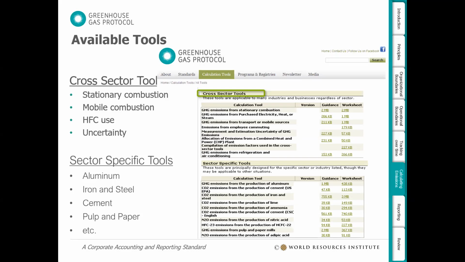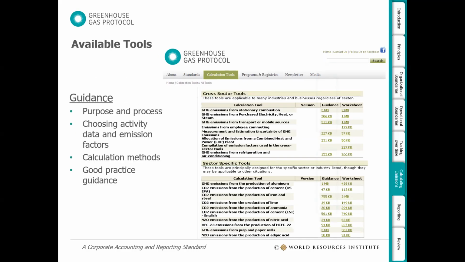Then we also offer a number of sector-specific tools designed to calculate emissions in specific sectors, such as aluminum, iron, steel, cement, pulp and paper, etc. And just quickly to note, some of those tools have been customized to specific countries, such as India, Mexico, and China. So we'll have a lot of time to look at the cross-sector tools tomorrow, so enough about them for now.